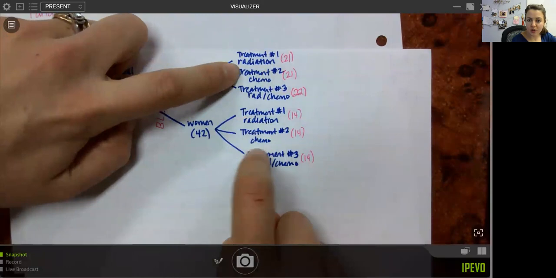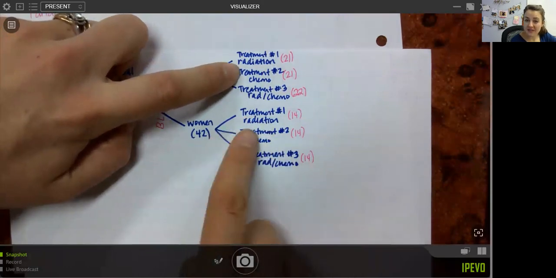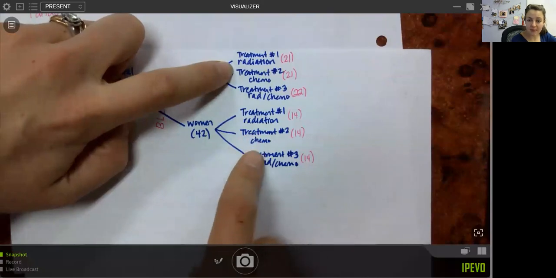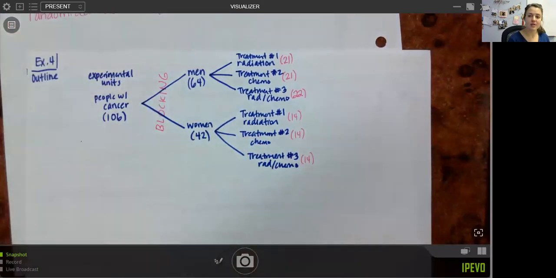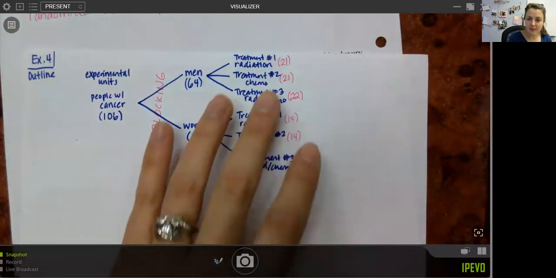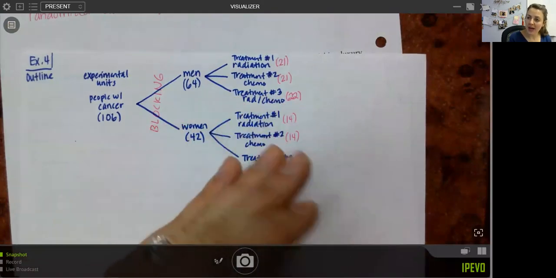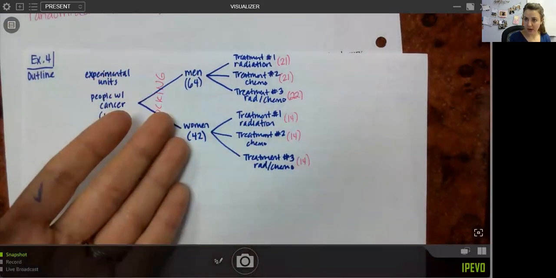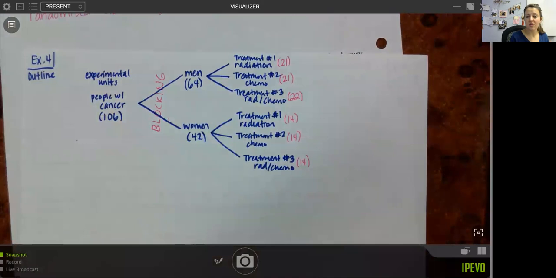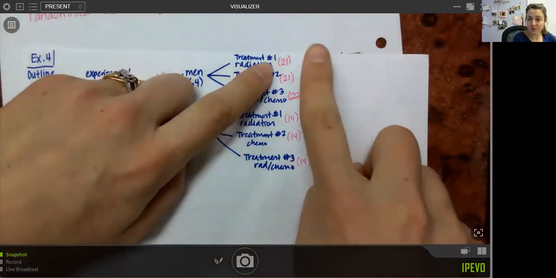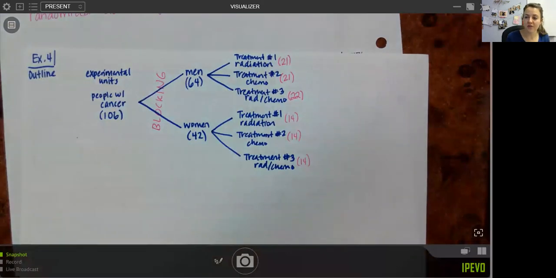Treatment group number 2, we've got a nice representative sample of men and women for treatment number 2, which is chemo. And the same for the combo group as well. So really the idea here is you do want to split them up, split up the men, split up the women evenly, so that both variables are represented, but also so that you can see that you have just some in each of the groups still belonging to the same group.